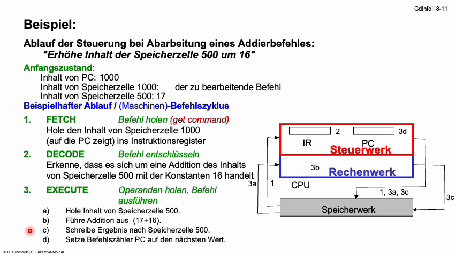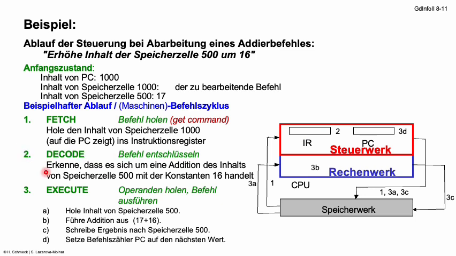Now we go through the cycle. First we fetch. We go to memory cell 1000, and we fetch the command into the instruction register. You can see here, this is the program counter, this is the instruction register. The second step is to decode.